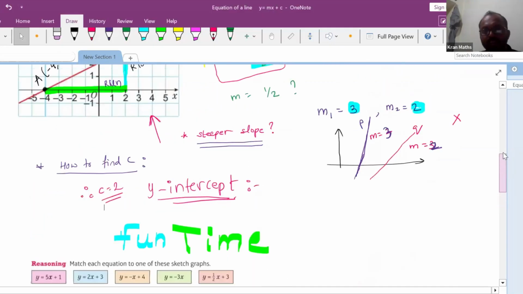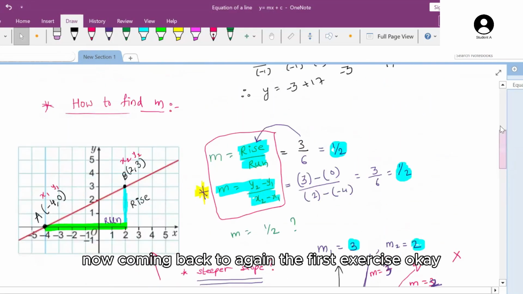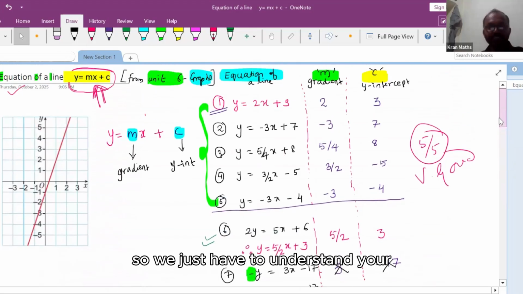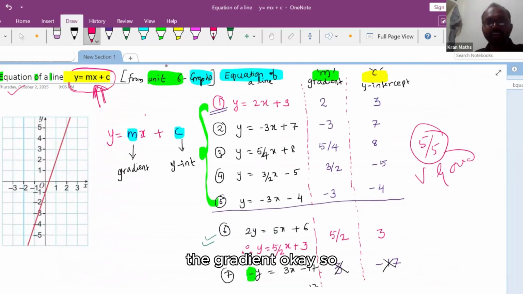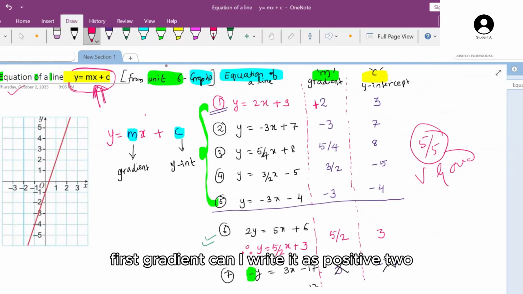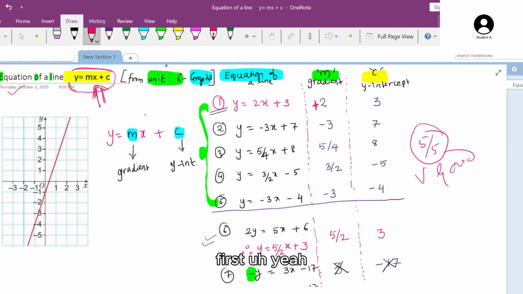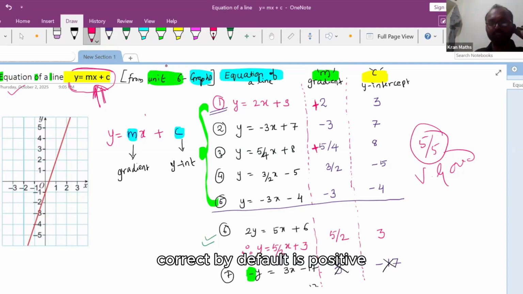Now coming back to the first exercise. We just have to understand the gradient here. First gradient, can I write it as positive 2? Yes, because if there is no negative sign, it's always assumed as positive, by default.